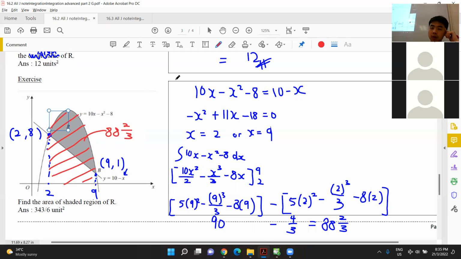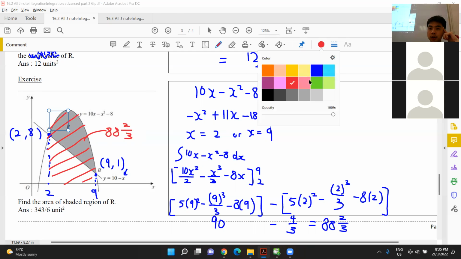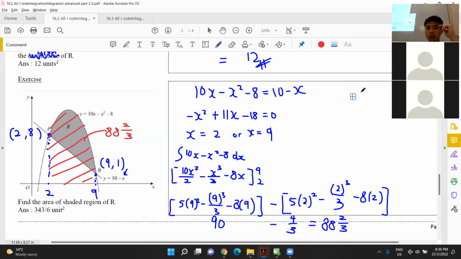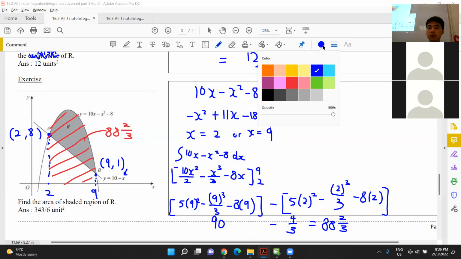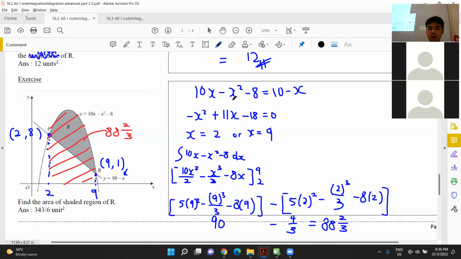We want to find the shaded region only. To find the shaded region, what do we do? Minus what? What's the value for the bottom? Using this value here, minus the trapezium at the bottom. That's why we found the height.